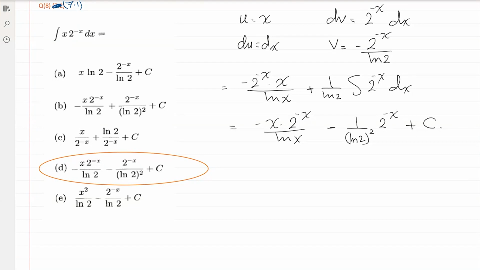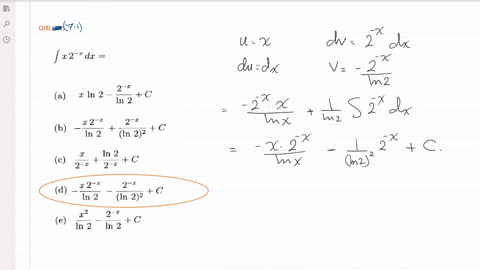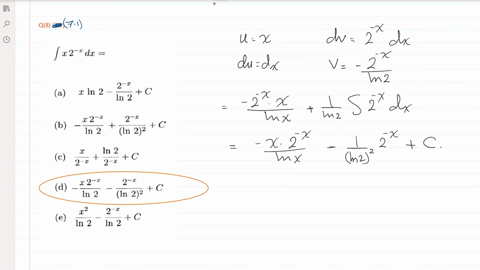Doctor, we can solve it much easier in the table, right? Yes, this is the table. What will you do in the table? You take this one minus this one. You integrate it another time by taking this one. So at the end, you skip this step and just write the final answer. Yes, it will be easier. You are right, but you will skip just one step. In the table, you let u equal x, dv equal 2 to the power minus x dx.